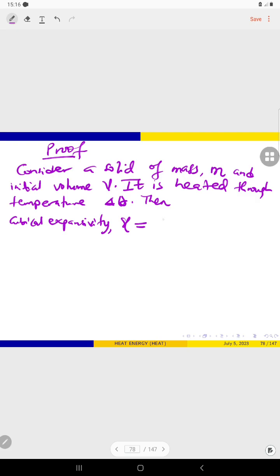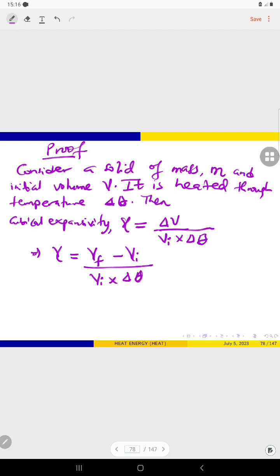Gamma, we know that is change in volume over initial volume times change in temperature, right? Which goes on to say that this can be rewritten as gamma equals Vf minus Vi over Vi times change in temperature.